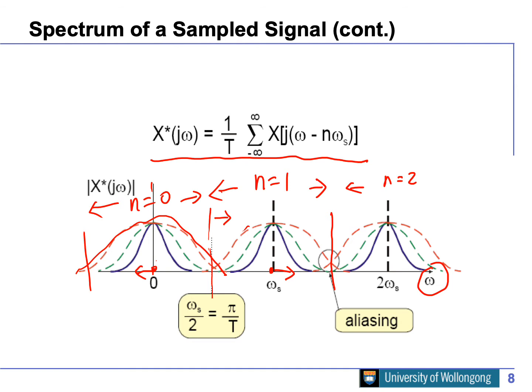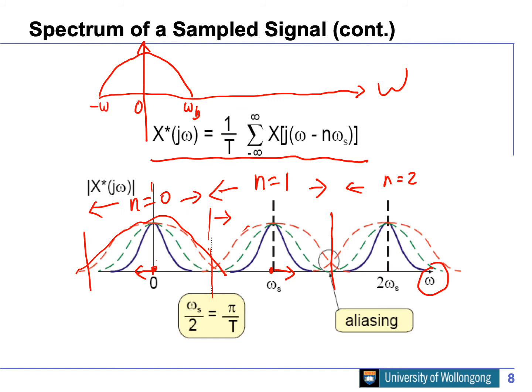So if our sampling frequency is twice as large as our bandwidth, I'll draw that on the top. That's the omega axis. This is when time equal to 0. This is our original signal bandwidth, so that's our omega b, negative omega b.